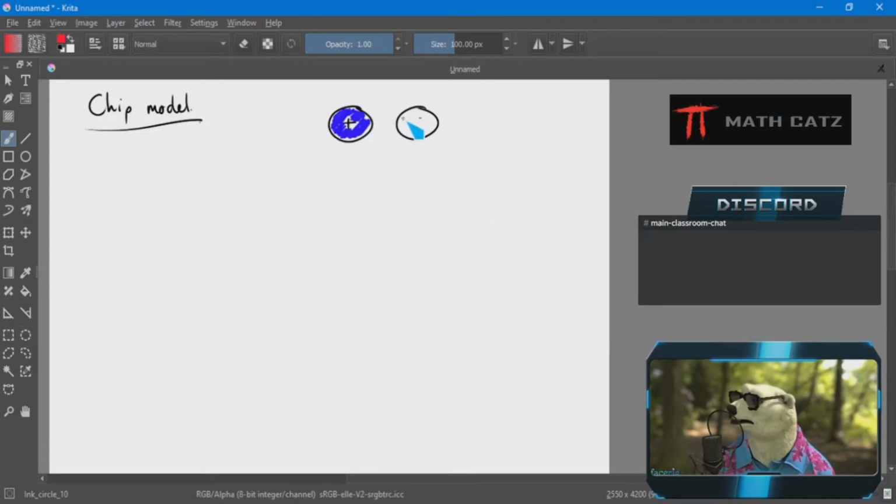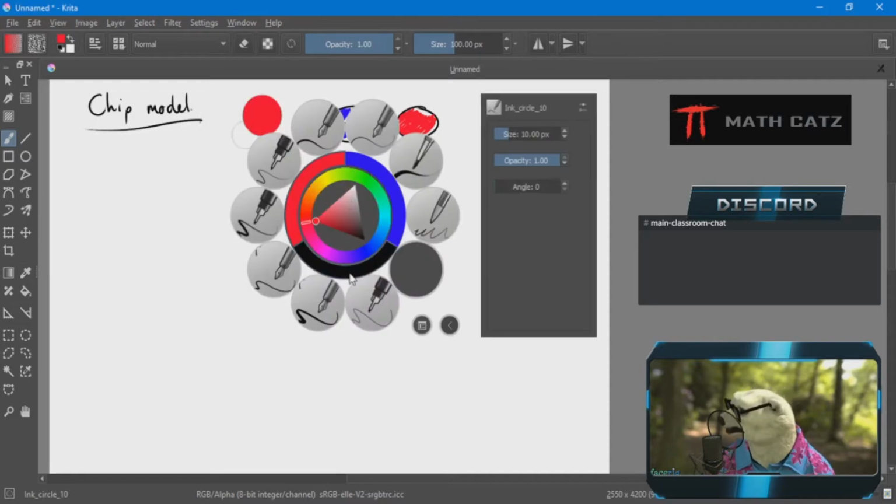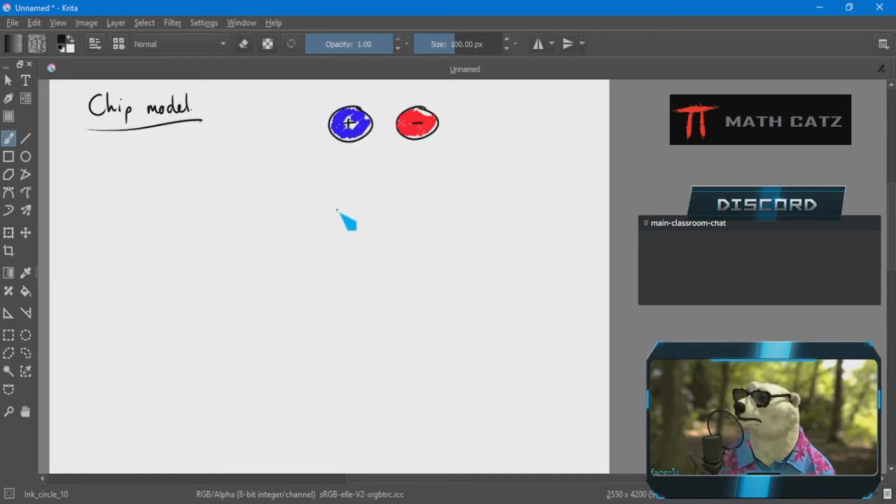Let's make them red. I should probably put the negative sign on them, right? I can do it up top. Negative chips, red, bad. Negative chips. So with colors, you can more obviously distinguish between these two, but of course we don't need to.